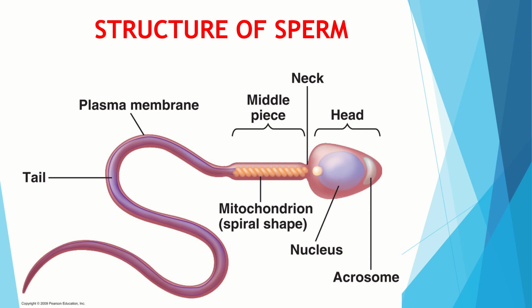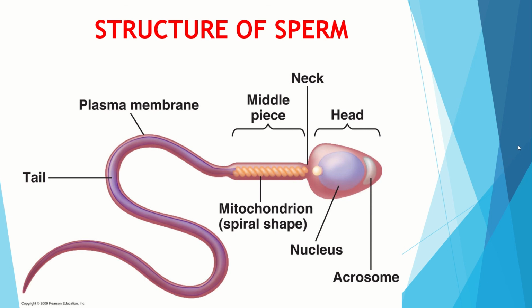So sex determination is done by the sperm only and not by the female. All the female eggs will have a similar type of chromosome, that is, all will have X chromosomes only. If the X chromosome of the sperm combines with the egg, it forms a female baby. If the Y chromosome of the sperm fuses with the egg, it forms a male baby.